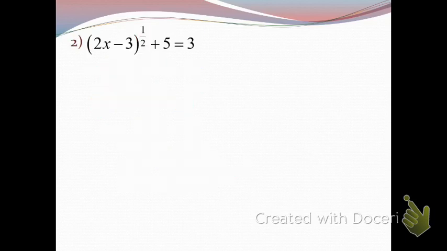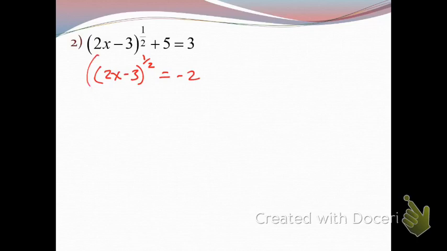So, first step in solving this is to do what to both sides? Subtract 5. So now I have the square root, that means 2x minus 3 raised to the 1/2 equals negative 2. Would you all agree with that? Okay.